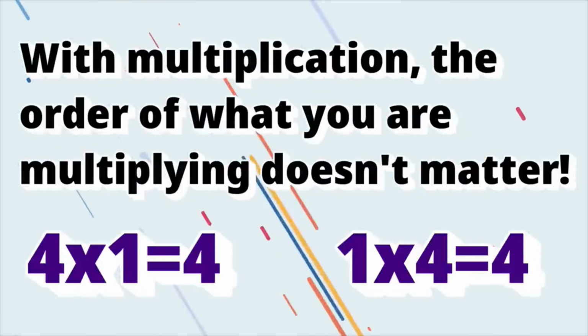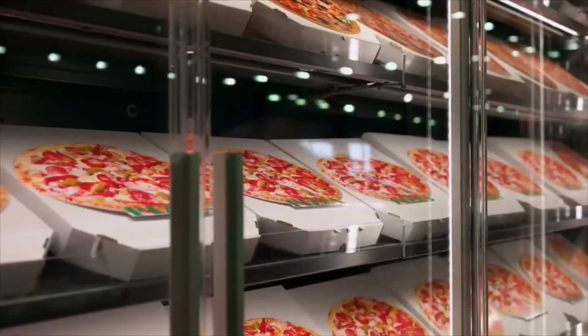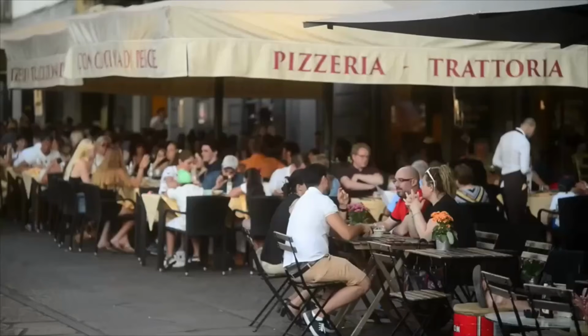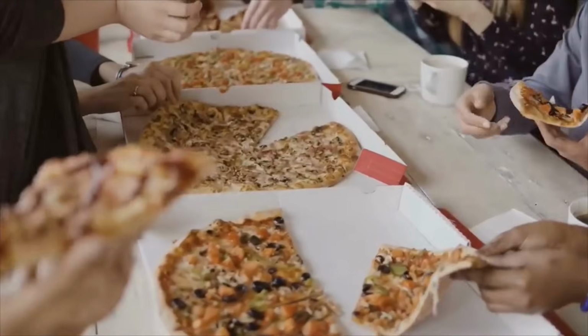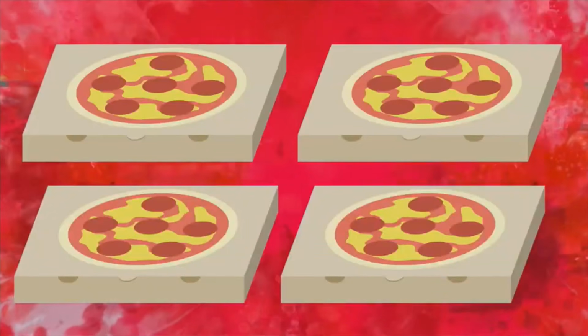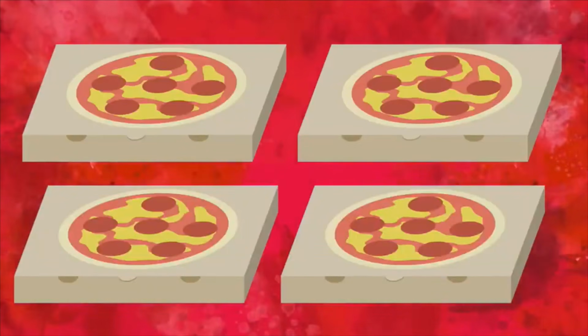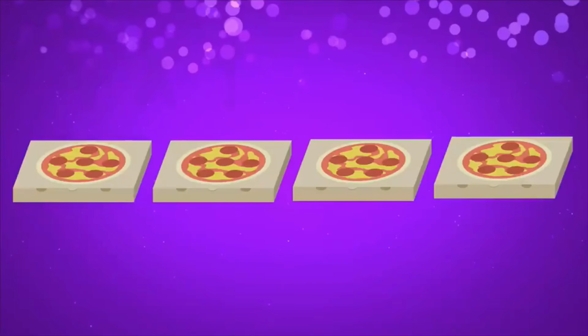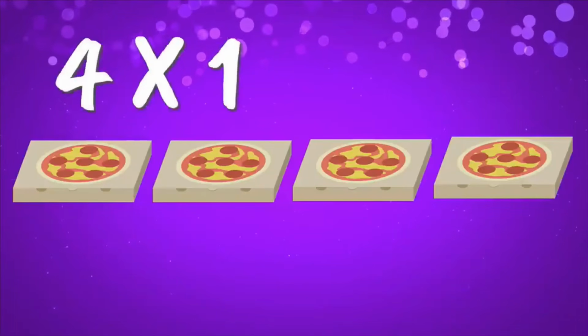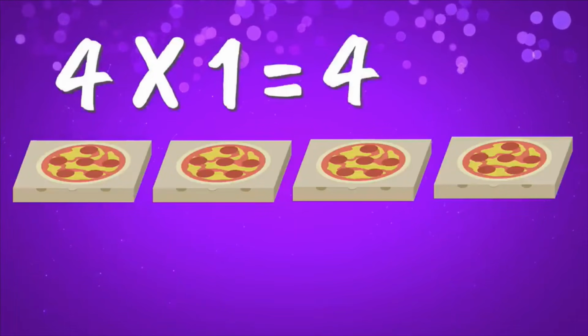The answer is 4. I'll show you with pizzas, okay? Let's say there's going to be a big party, right? And a pizza place has a 4 pizza deal. It's a special deal that gets you 4 whole pizzas at a lower price per pizza. You get 1 4 pizza deal. It's 4 times 1. The number 4 once. 4 times 1 equals 4.